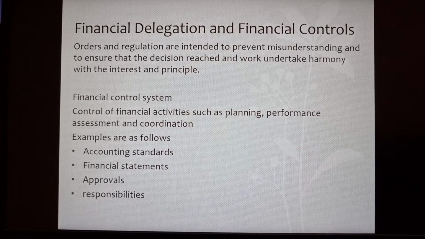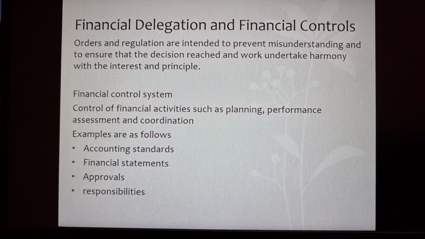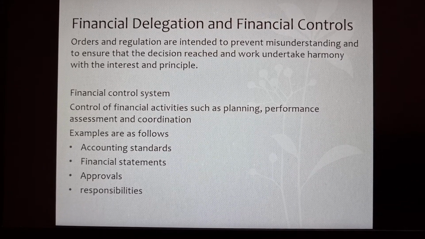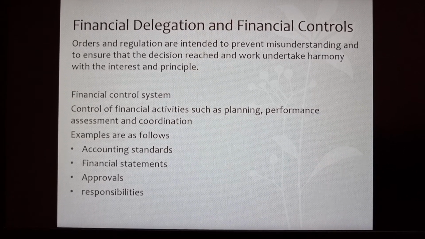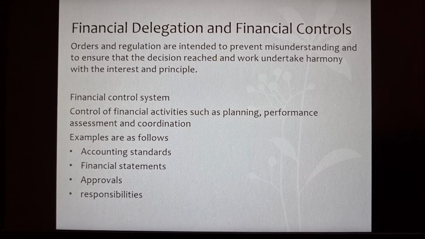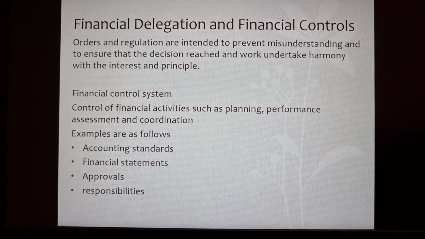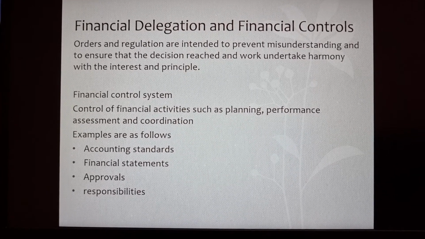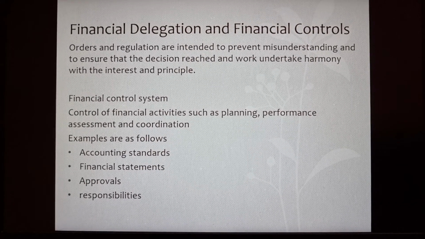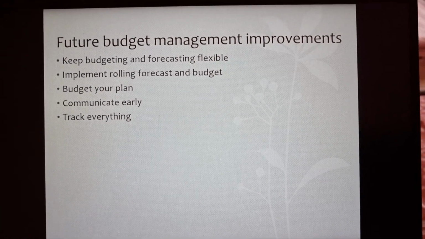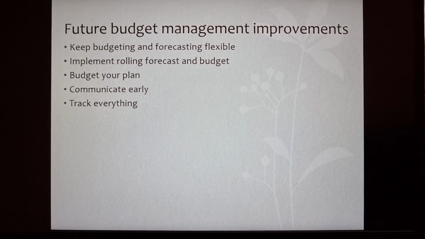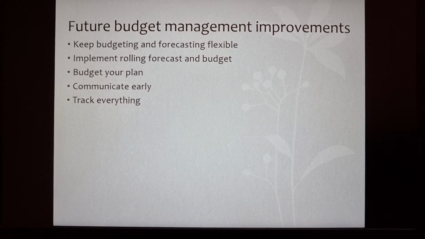Some examples would be setting up accounting standards, having financial statements, approval on various kinds of expenses, and each department and individual taking their responsibility. Having a sense of duty and responsibility also helps in having a transparent financial performance of the business.